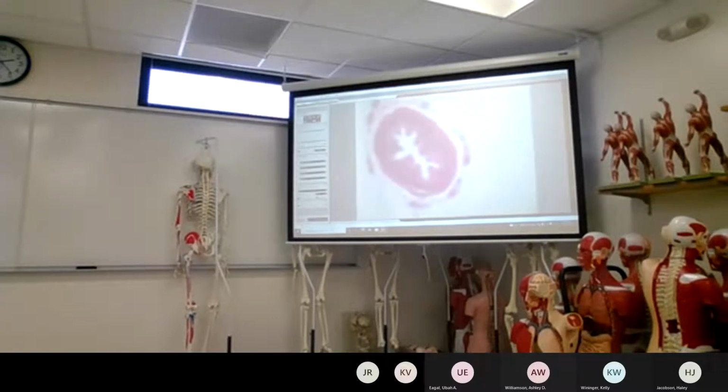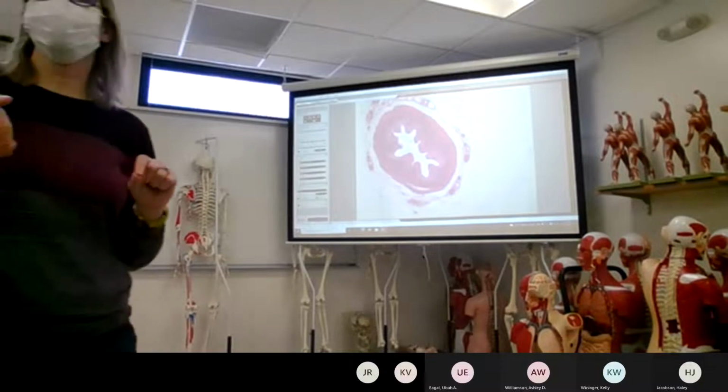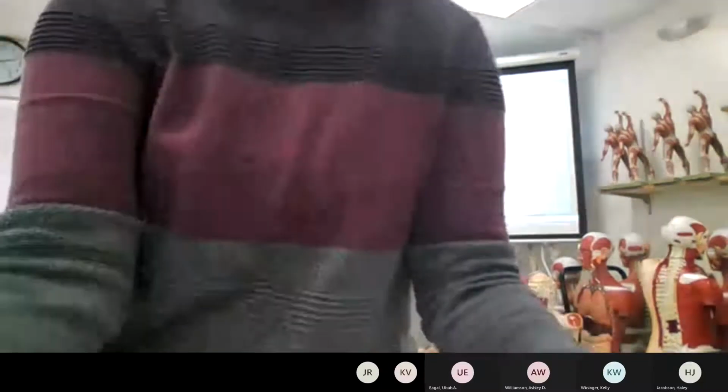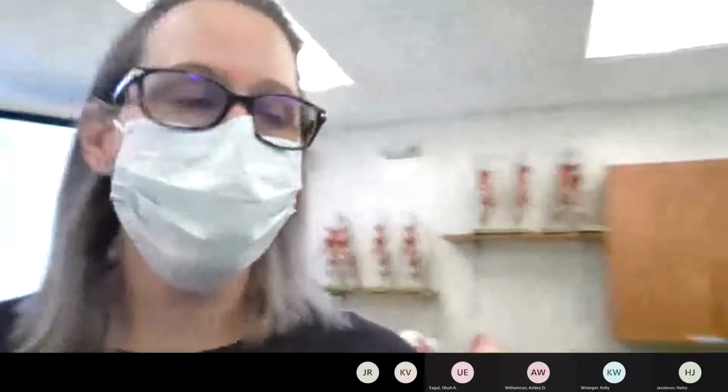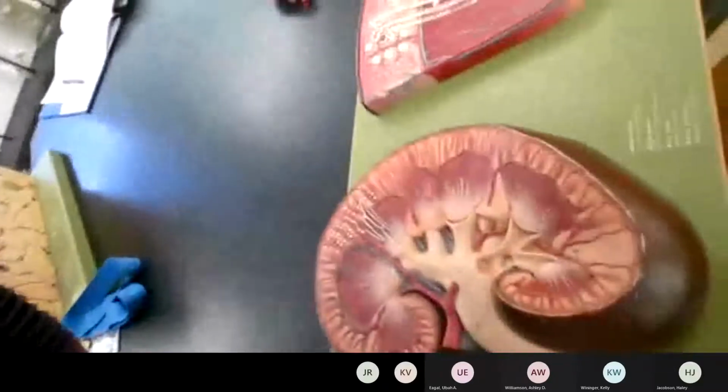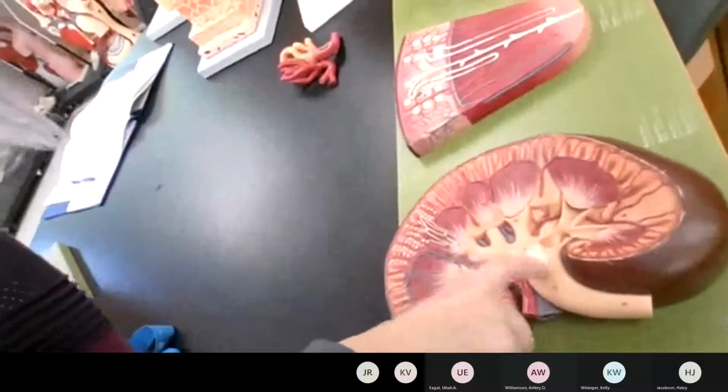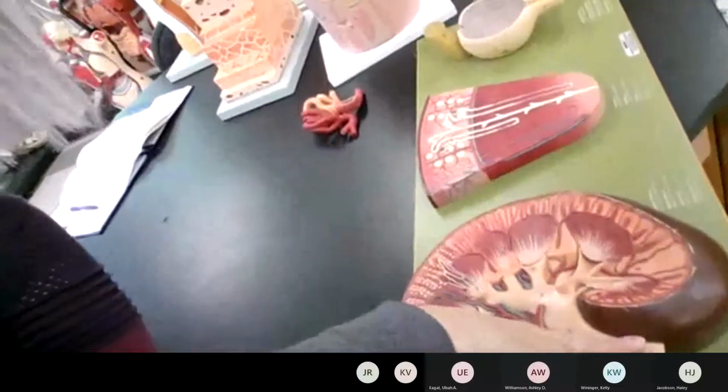For transitional epithelium, this is pretty exclusive to the urinary system. Once on our kidneys, we get to this place where we have the renal pelvis and it becomes the ureters, and then it goes to the bladder.